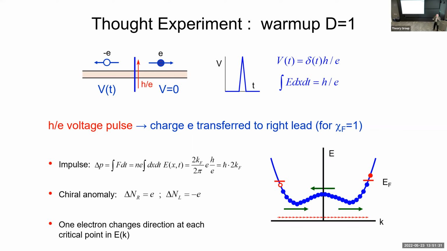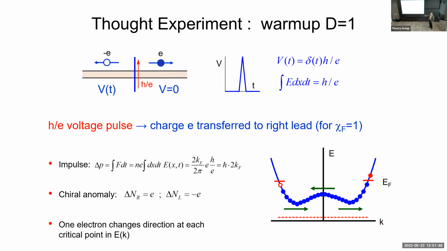Okay, and so it's not too hard to think about what's going to happen. So this voltage pulse is going to give a little kick to the electrons. It's going to give an impulse to the electrons, where there's going to be a net change in the momentum, which is the integral of the force.